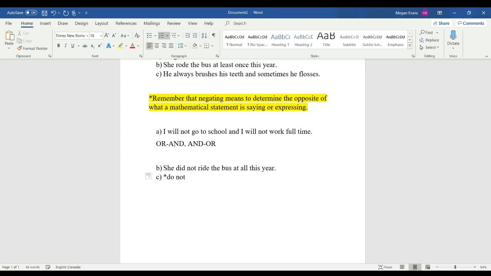So do not go from one extreme to the next. So instead of saying he always brushes his teeth, maybe he sometimes does not brush his teeth. That is still the opposite of what is being said.